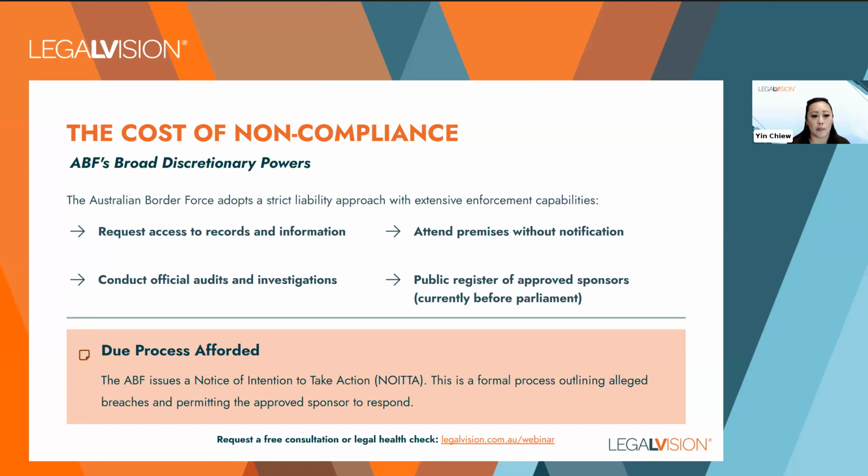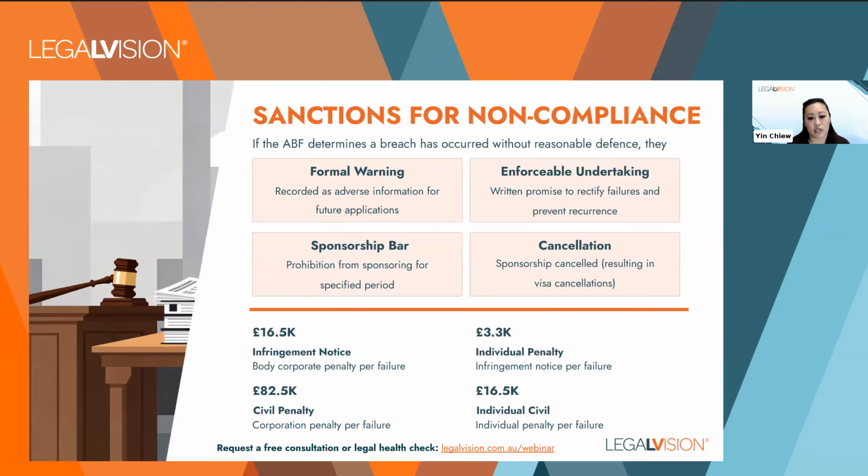There's a lot of information they can request, and they usually want you to provide it to them within 14 days, which is a very short amount of time. So this is where, if you have managed or kept clear records, that information should be easily accessible if you're called upon by the ABF to provide that.